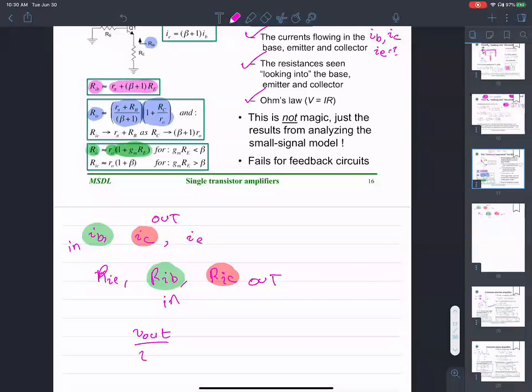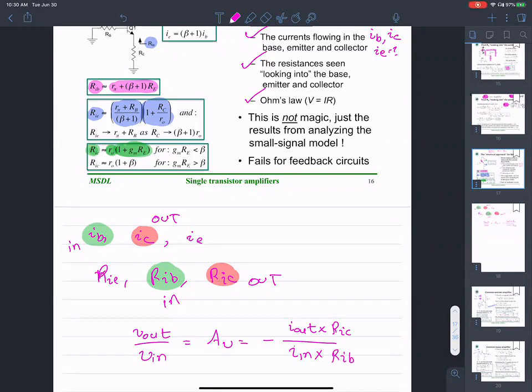All you have to do is, if you're interested in calculating V out over V in, or the voltage gain of a common emitter amplifier, all you have to do is multiply I out, which is IC, times RIC, over I in times RI base, right?